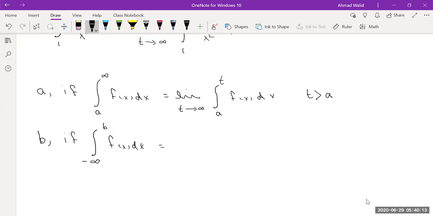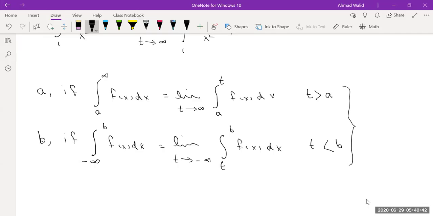This notation is the best notation. If you have from negative infinity to b, you can rewrite this as a limit as t approaches negative infinity, integral from t to b of f of x dx. In this case, your t should be less than what? Less than b, correct?